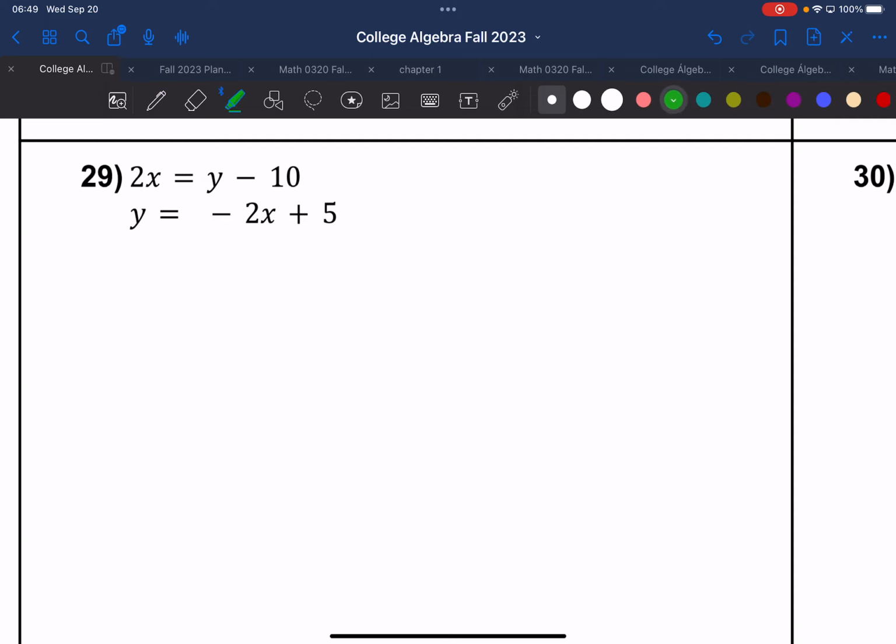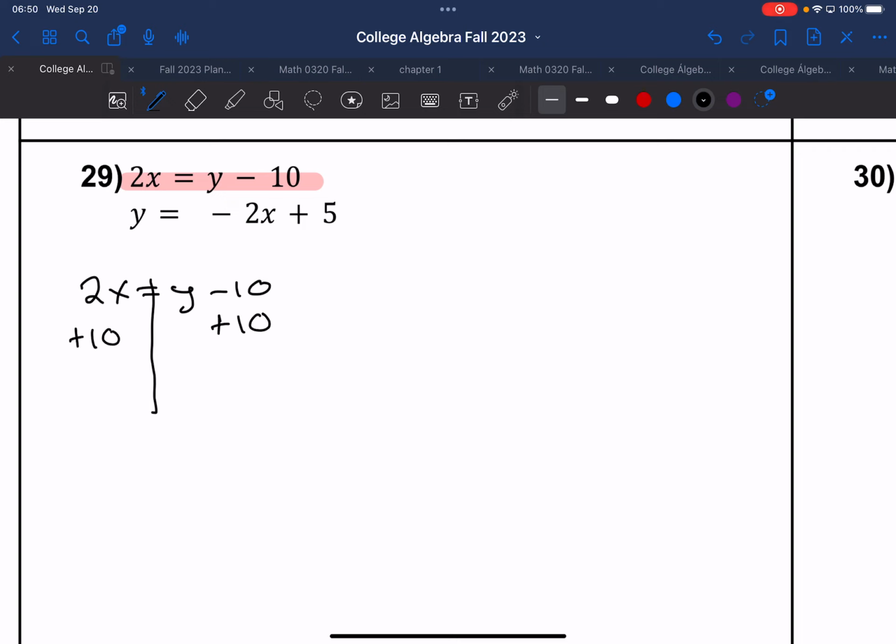The top one. Okay. So we have 2x equals y minus 10. We've got to get y by itself, but notice the y is now on the other side. What are we going to do to get y by itself? Add 10. So we have 2x plus 10 is equal to y.